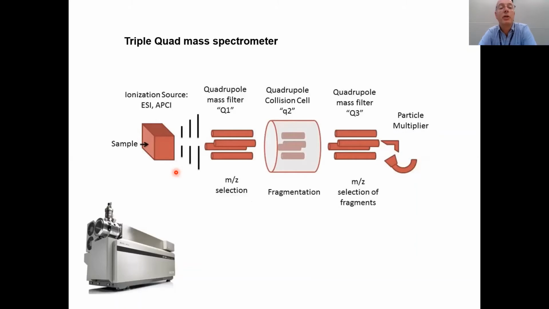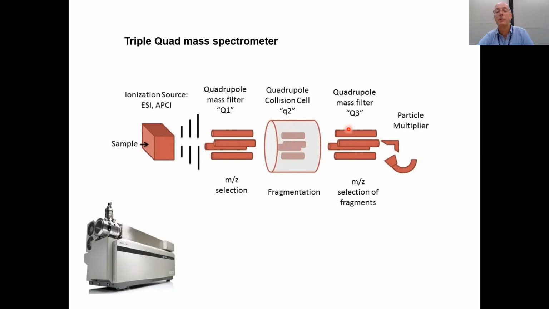So that's a quadrupole mass filter, and they can be used in this instrument. This is called a triple quad. As it implies, it has 3 quadrupoles. So we have an ionization source here, and we have the first quadrupole mass filter. This allows us to select a parent ion for fragmentation. We have a second quadrupole, which is the collision cell. This is where the parent ion will be fragmented.